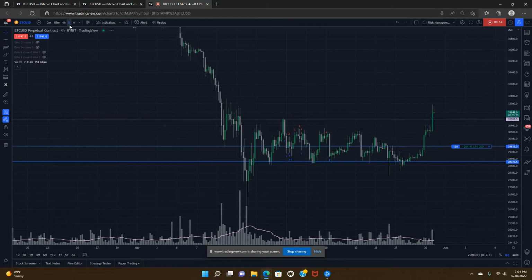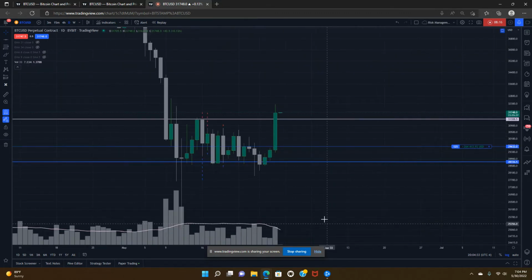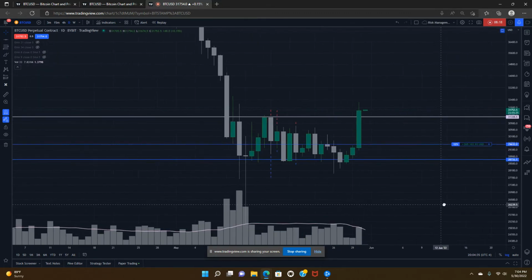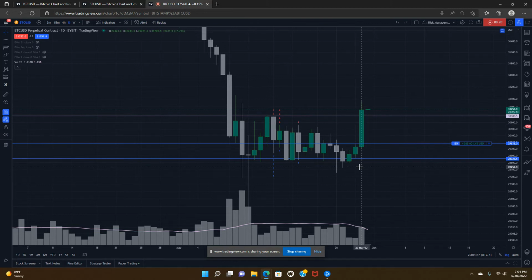And I find it a little bit easier to manage that way, just because right now we do objectively have confirmation on that trade idea. So if you're taking a little bit more of a conservative approach, today's price action would have been your signal to, now at this point after the close, start looking for a long position.